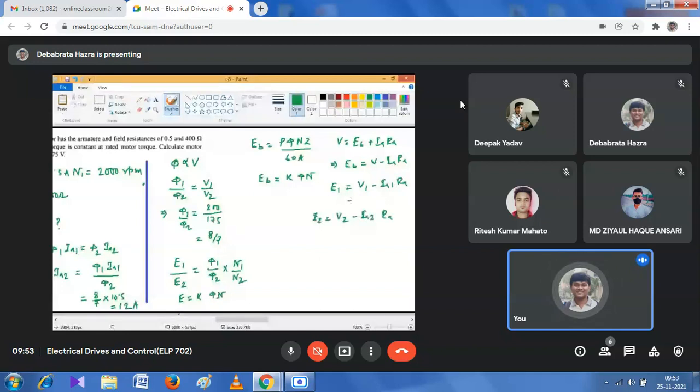Calculate the value of E1 and E2. Then we put the values in that equation, and from that equation we can easily calculate the value of N2. So first calculate E1 and E2. Deepak, Ritesh, first calculate the value of E1 and E2.